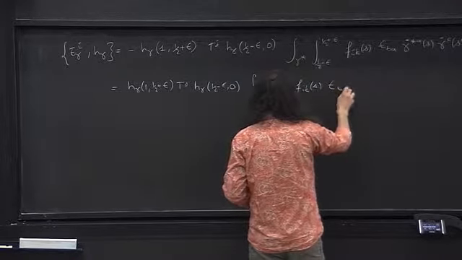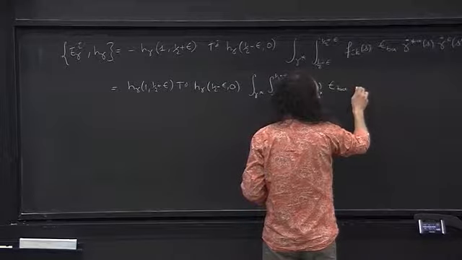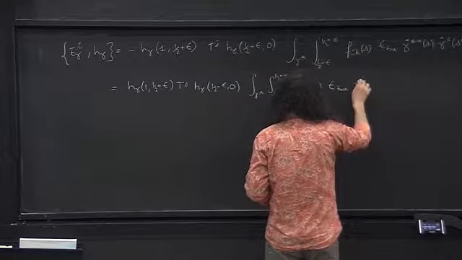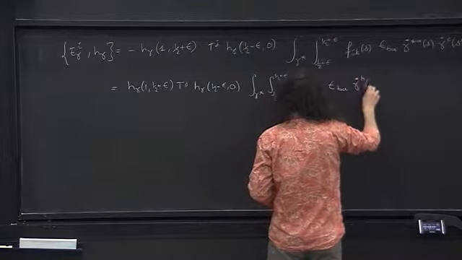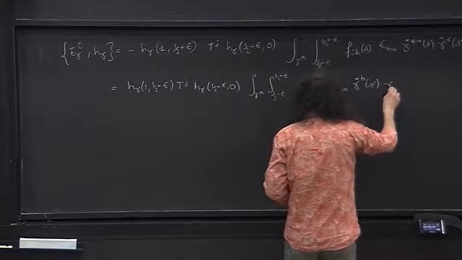Epsilon BA gamma dot B of S prime gamma.